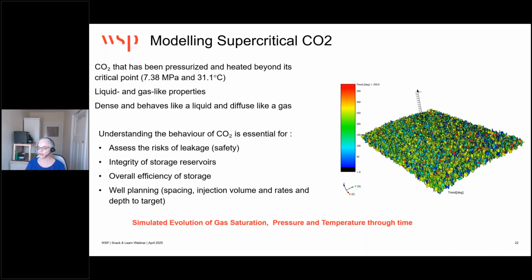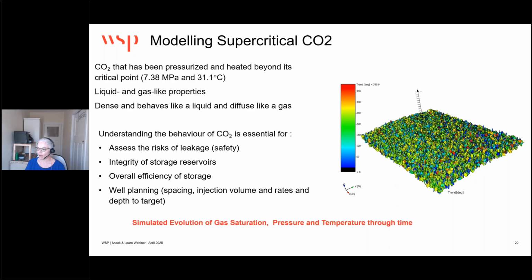When CO2 is injected into a formation, it may encounter pre-existing fractures or faults. The injection process can cause changes in pore pressure and stress within the reservoir, potentially leading to fracture initiation or propagation. Some of the impacts on the reservoir and the cap rock can be stress redistribution, pore pressure increase, fracture propagation, fault rock interaction, and reactivation of existing faults.